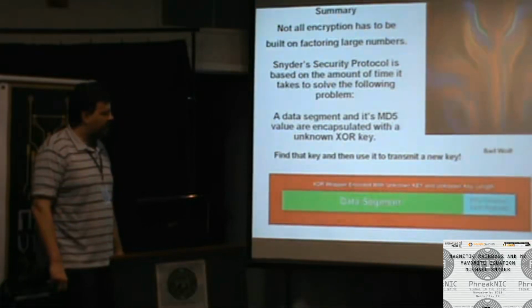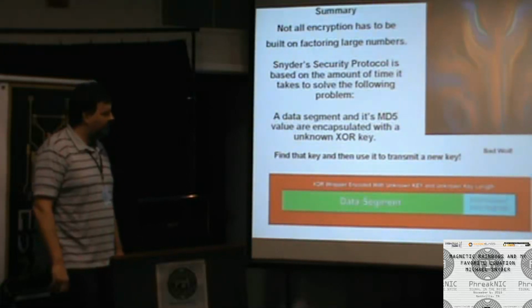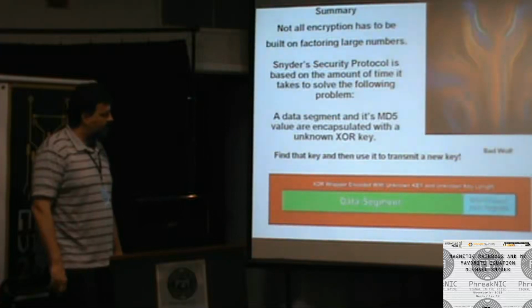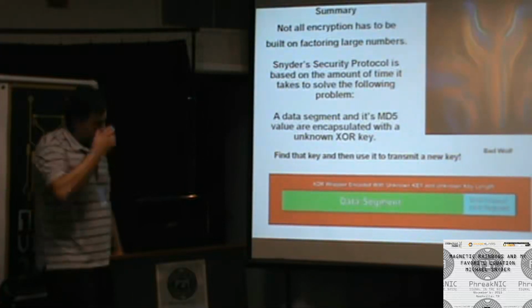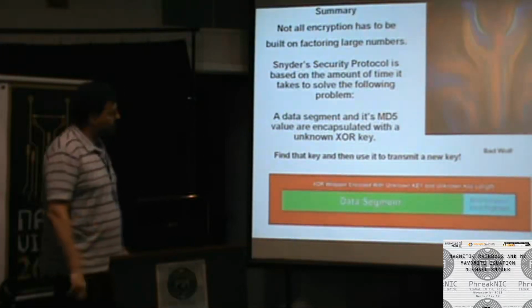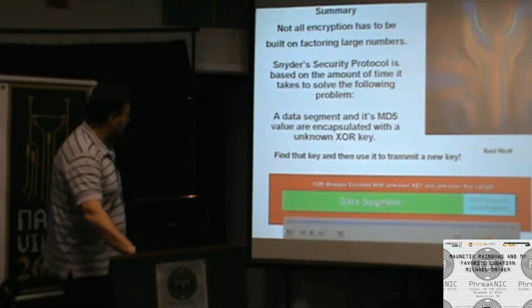You can think of the key, the unknown key, as an eigenvector, and you can think of the data segment as a data matrix. So in this, basically I took some ideas from quantum mechanics and just applied them to this basic encryption problem.